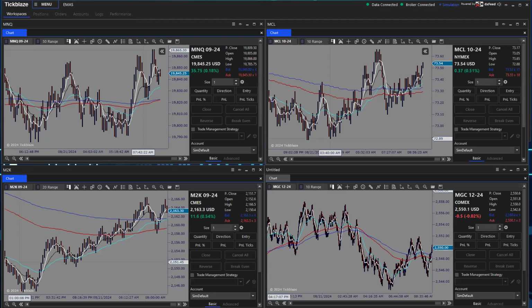I think I'm going to leave that one alone on this system. Candles are not going to be the same in Tick Blaze as they are in Ninja. They are wickless, but the trades are pretty close to the same, so don't sweat it. Just focus on your chart, and we'll point out the entries and all that.